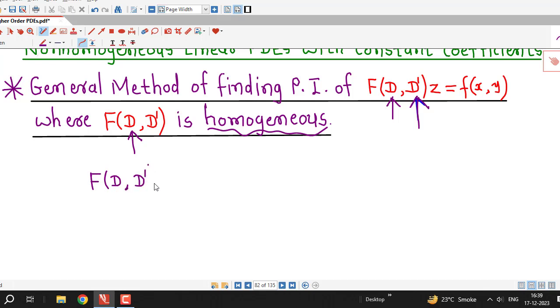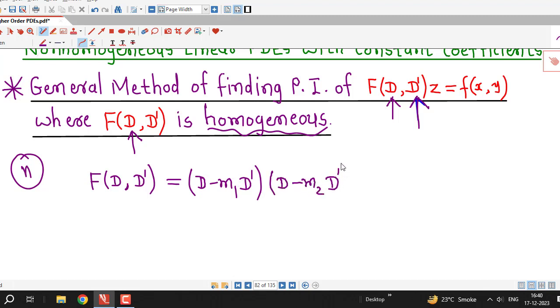Now suppose F(D, D') is a homogeneous function of degree n, then we can write F(D, D') as the product of n linear factors of this type: (D - m1 D')(D - m2 D') and so on, up to the nth linear factor (D - mn D').